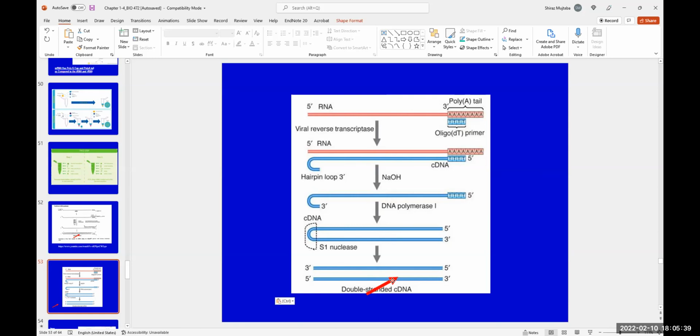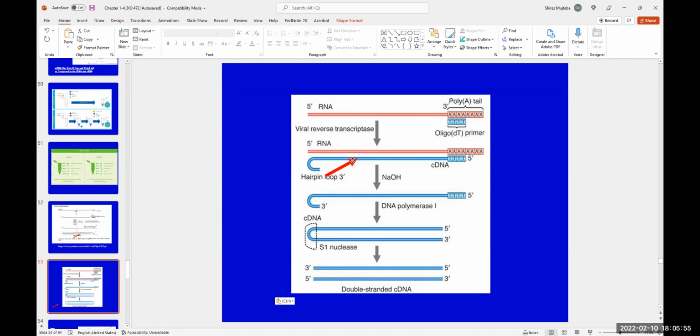So how many enzymes do you need for reverse transcription? One, reverse transcriptase from AMV or MMLV viruses, because retroviruses have an enzyme called reverse transcriptase.